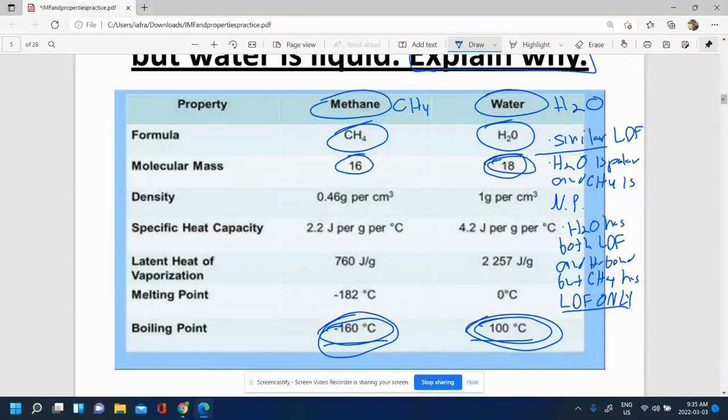And this is really the main difference between them that explains that boiling point. It takes more energy to break the intermolecular forces of the water, which is LDF and H bonding, versus that of methane.